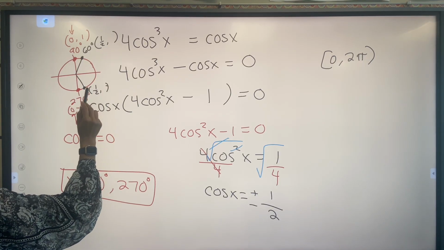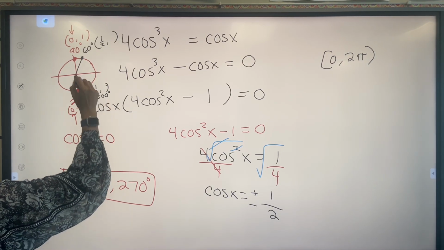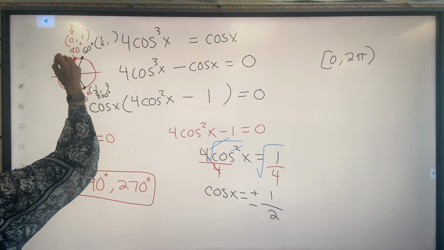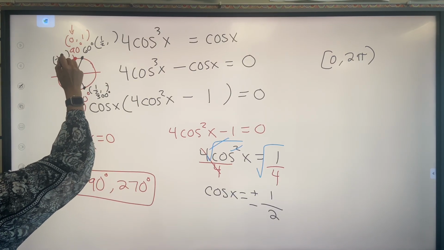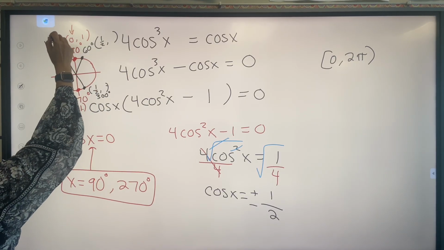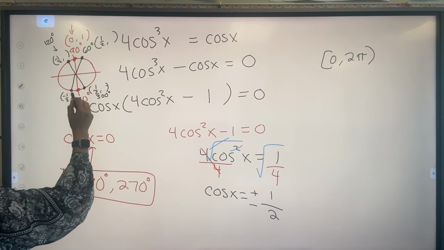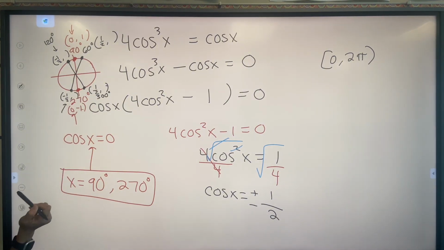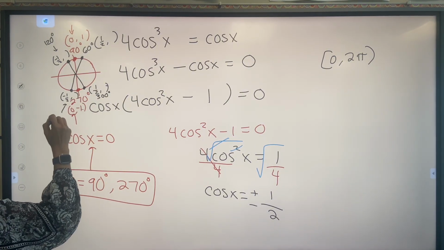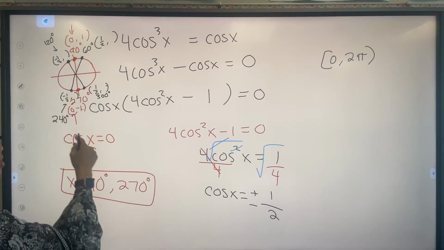What's this coordinate, or what's this angle? 300. Yep, that's 300 degrees. And it's also negative 1/2 here. What angle is that? 120. Yep, 120 degrees. And then the angle here, it's also negative 1/2. What angle is that? 240.